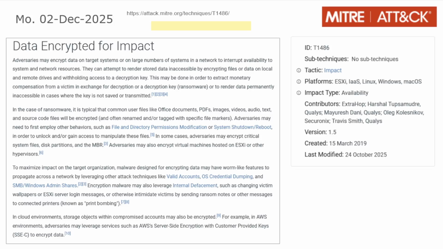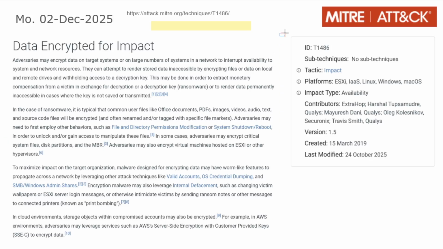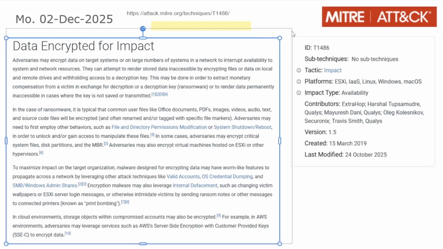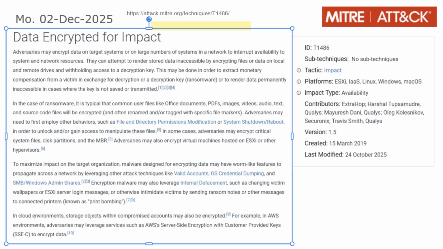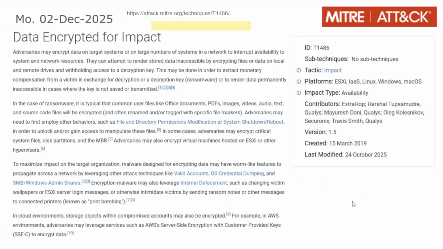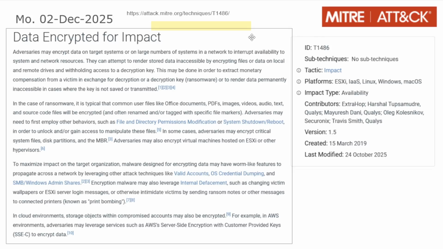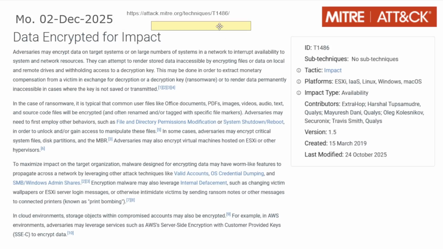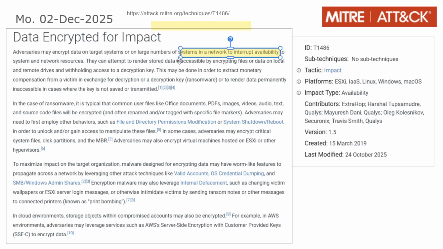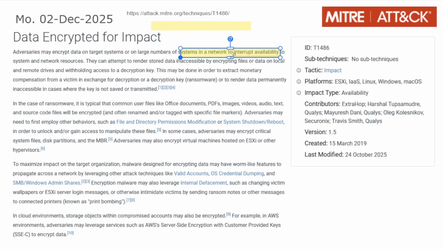Let's get started with the data encryption for impact. I think we have enough space here to make this a little bit bigger. Yes, so that's nice. Adversaries may encrypt data on target systems or on large numbers of systems in a network to interrupt availability to systems and network resources. Yes, very good. So here, interrupt availability, this is one of the protection goals, and we covered protection goals as well.